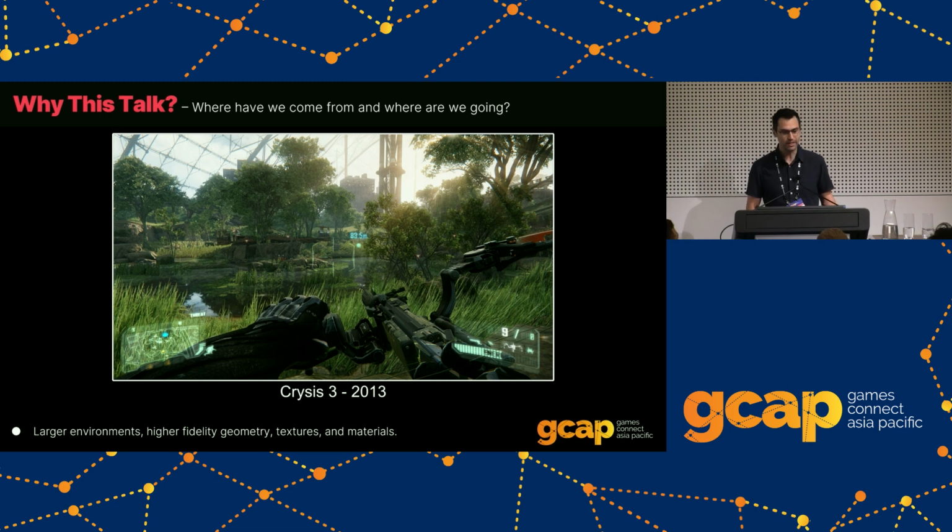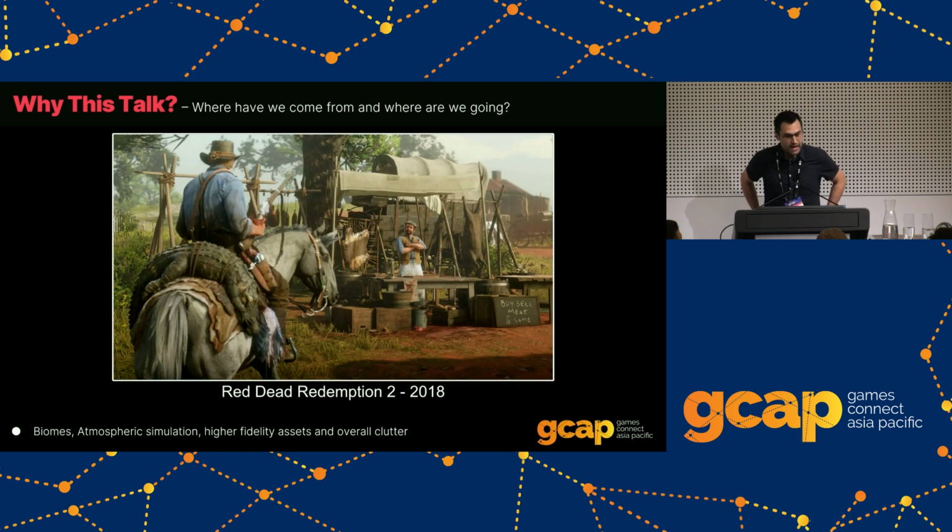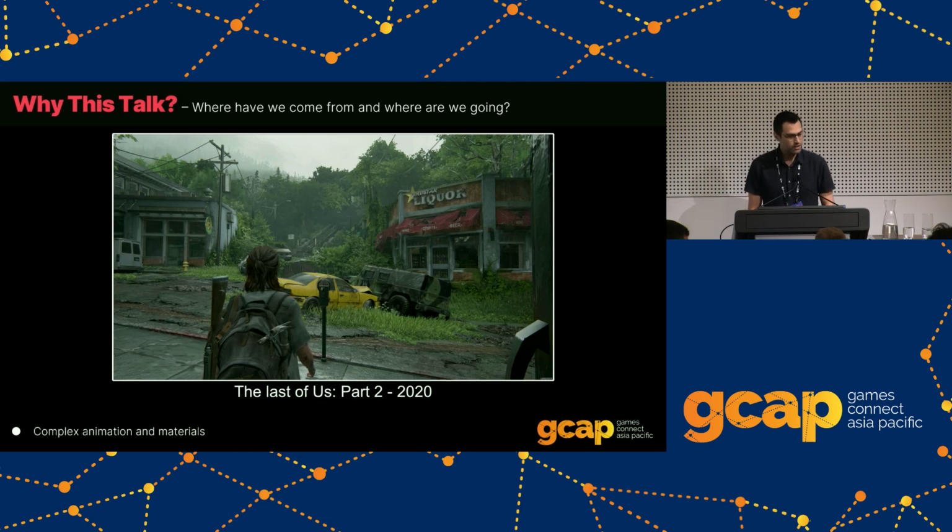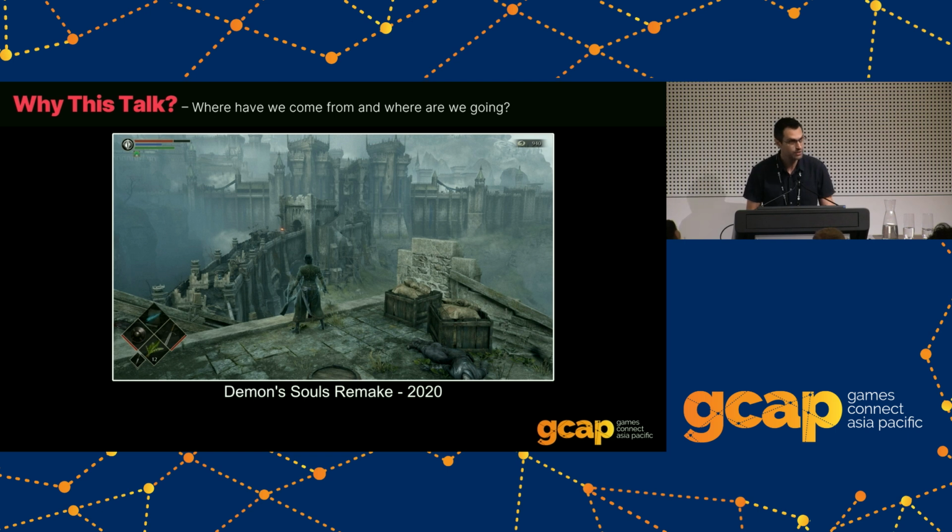But here we saw larger environments, higher fidelity geometry, textures, materials, etc. Then 2018 with Red Dead Redemption 2, there's biomes, atmospheric simulation, higher fidelity assets, and overall clutter. 2020, complex animations and materials with The Last of Us Part 2. And the Demon's Souls remake, which is a really interesting comparison if you've played both. They had some really good global illumination implementations, and the world geometry had really high polygon counts, really dense, and it felt really solid.